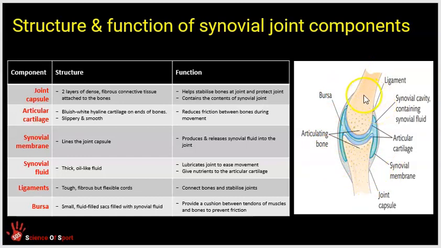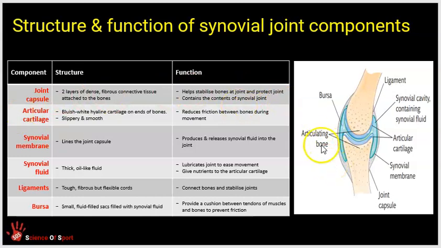And what it does is it incorporates all the other stuff within our synovial joint. It's like an outer case that keeps everything in place inside this synovial joint. So it contains the contents of the synovial joint, and it helps to stabilize and protect the joint. So it's designed like that for that job.